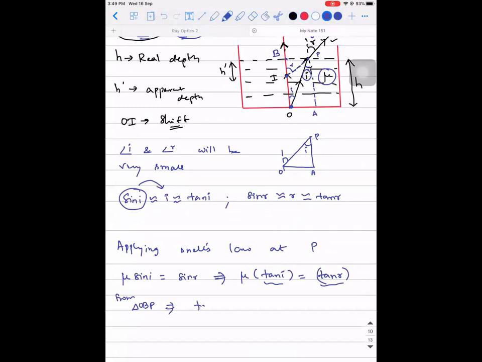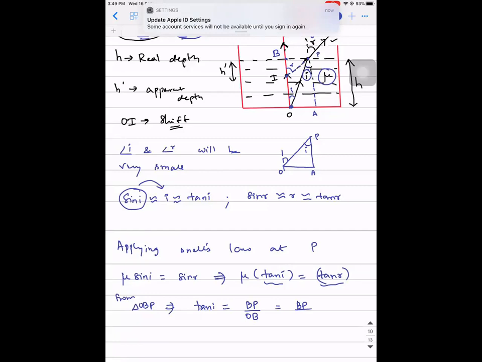You can find tan I. What is tan I, guys? BP divided by OB. So what is BP? BP is some distance. We don't know what it is. But BO is going to be H. I hope it is clear till this point.